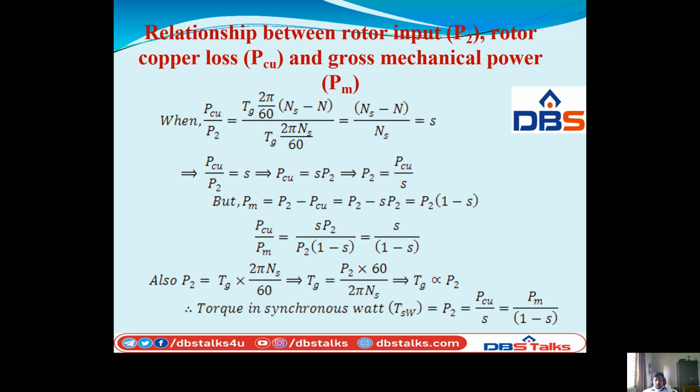PCU by P2 is equal to S. Therefore, rotor copper loss is equal to slip times the rotor input. Rotor copper loss by rotor input is equal to S.